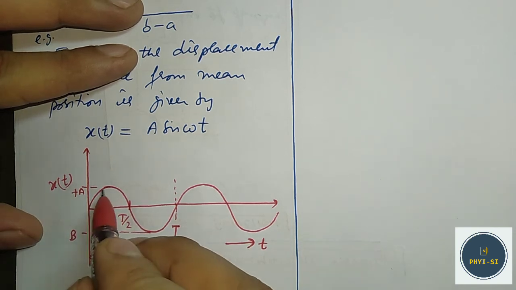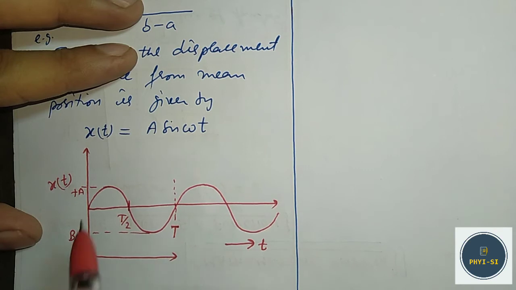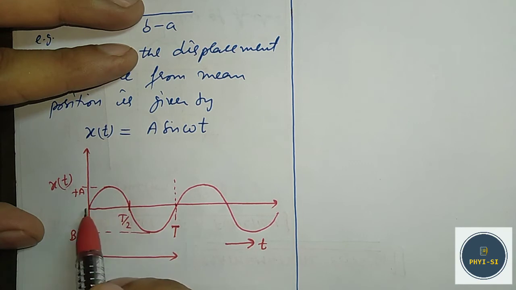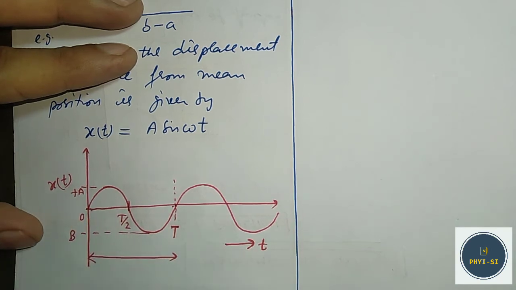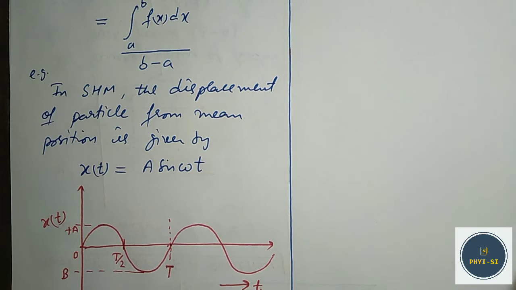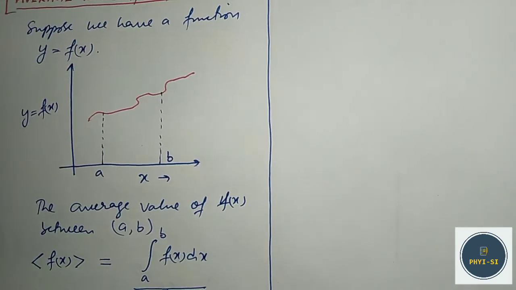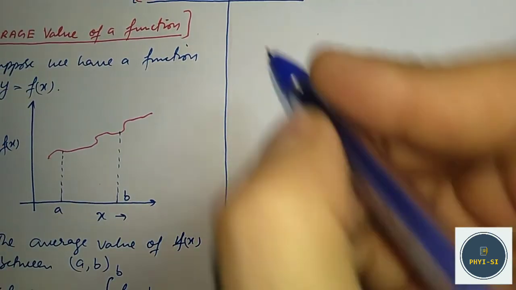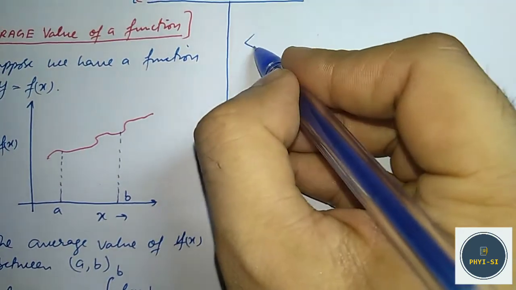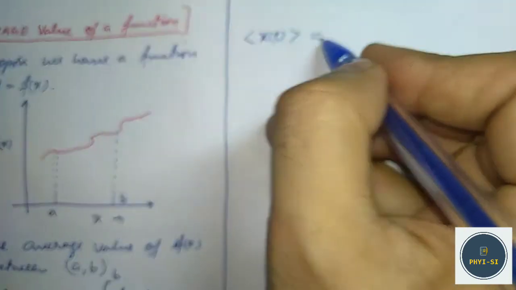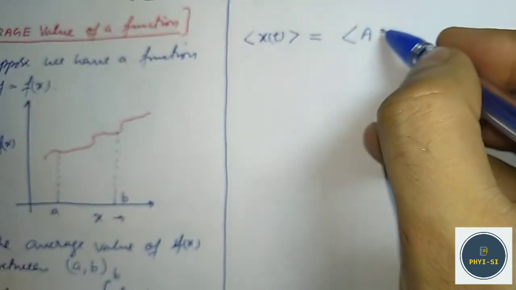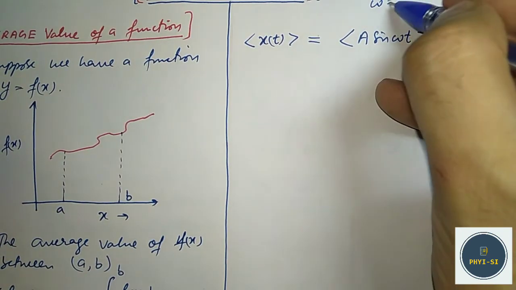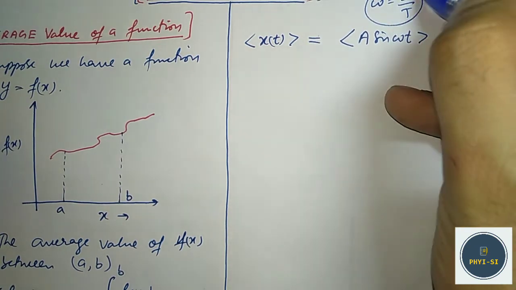So we have to find the average value of the function from 0 to T and from 0 to T by 2. Let's do it. The average value of this displacement is equal to a sine omega t, and omega is equal to 2 pi by capital T, the time period.